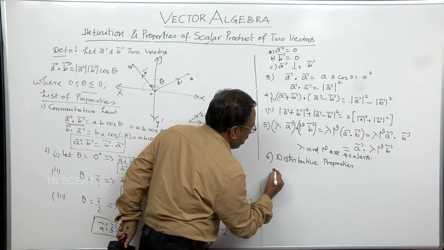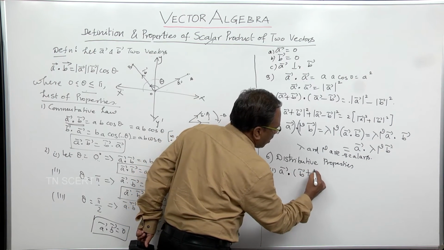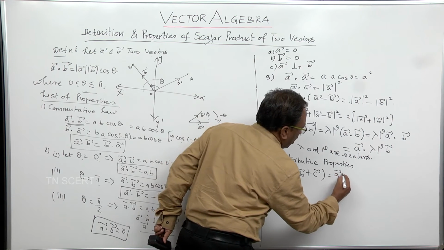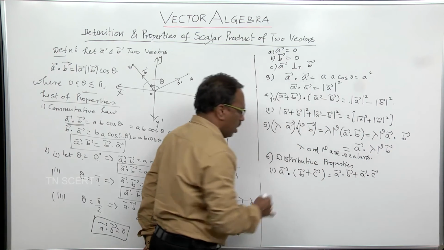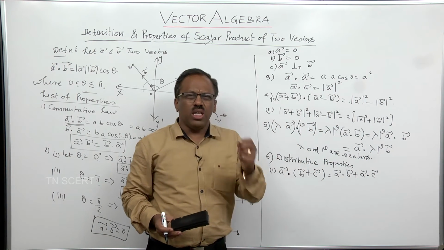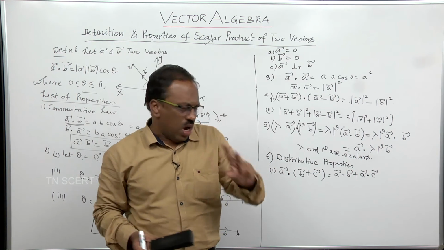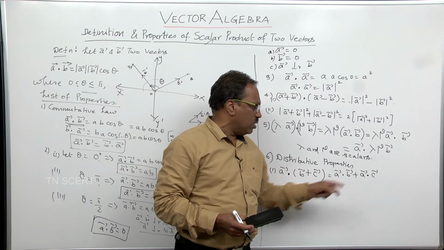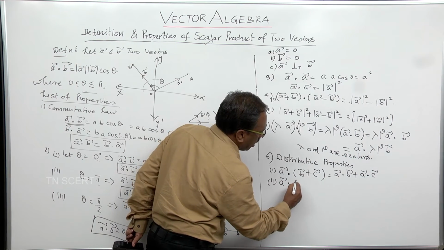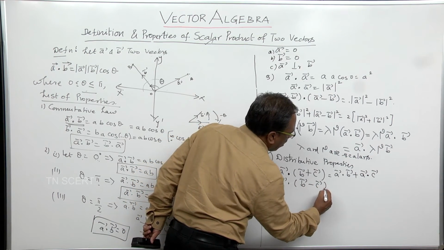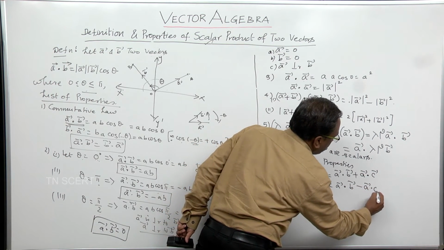So let us take this one as the first subdivision: A vector dot (B vector plus C vector) is A vector dot B plus A vector dot C. Remember that distributive law is carried out with only 3 vectors and 2 operations. Similarly, if I want to take minus, I can take B vector minus C vector, and write A dot B minus A dot C.